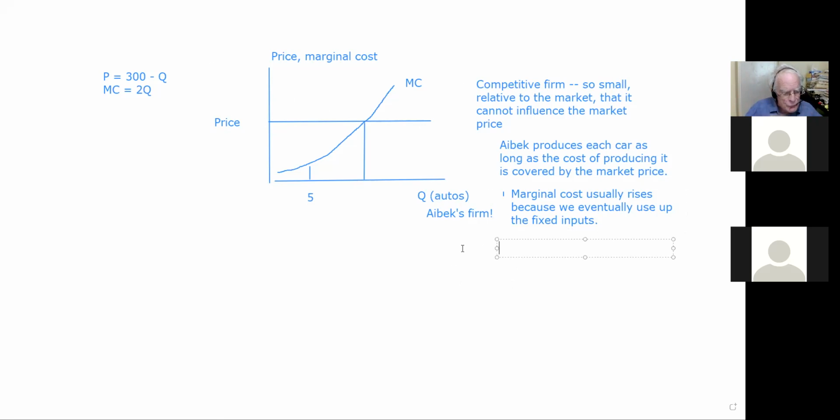So in short, the firm maximizing profits will produce up to the point that the price equals marginal cost.